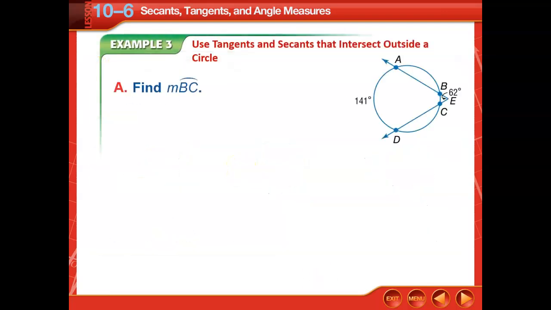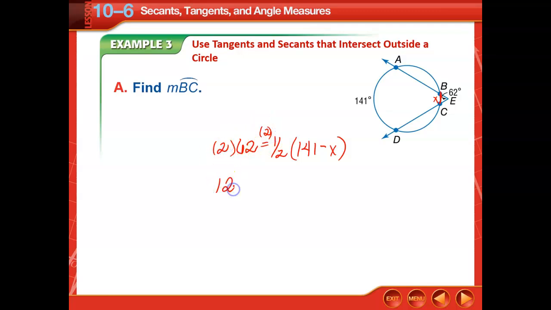BC here is what we're looking for. Let's call that X. So I know that angle 62 equals 1/2 the bigger arc, the furthest away, 141, minus the smaller arc, which was BC. I'm going to get rid of this fraction by multiplying both sides by 2.